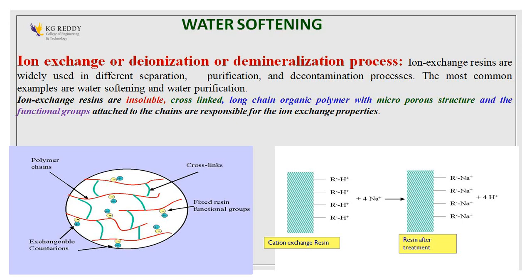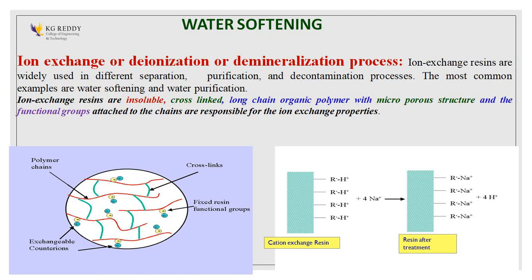So here, softening of water, right? If you are going to take the ion exchange method or deionization or demineralization process, the ion exchange resins are widely used in different separations, purifications, and decontamination processes. The most common examples are water softening and water purification.